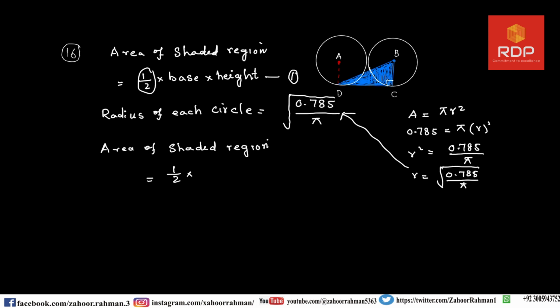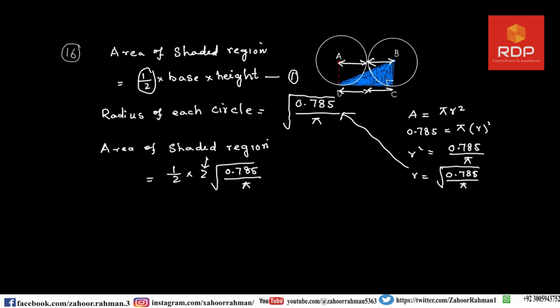Then we write the base, and that is equal to 2 times the square root of 0.785 divided by pi, because this is also radius and this is also radius, so that will be 2 times. I wrote this 2 times for that particular reason.